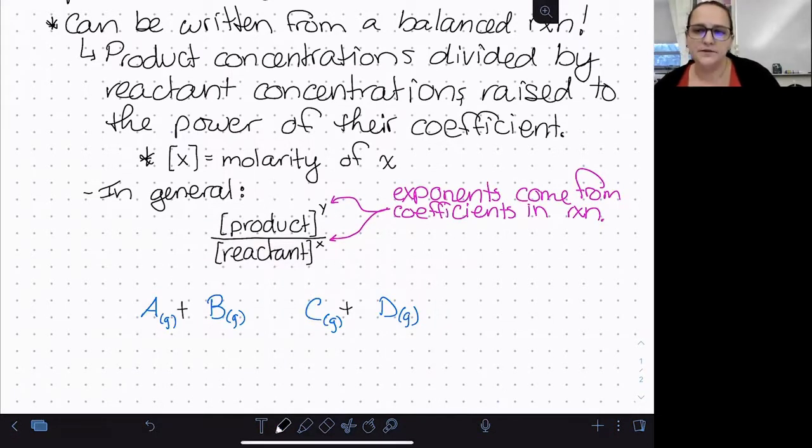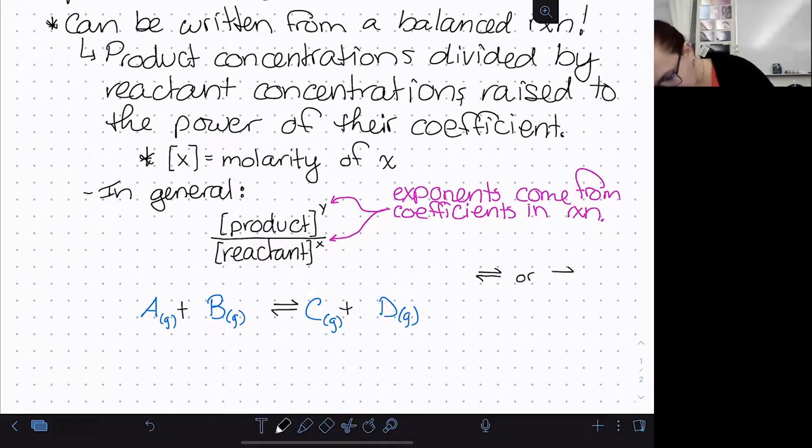we use a different type of arrow to indicate that a reaction is reversible. So this is two arrows pointing in opposite directions. So we can use either this or something like this. Means reversible reaction.